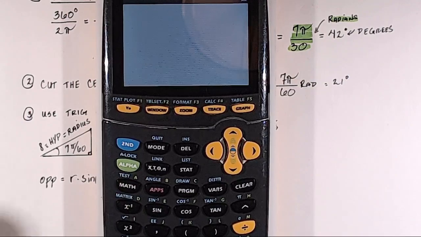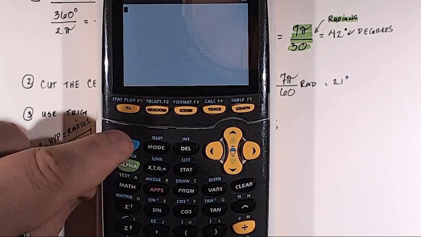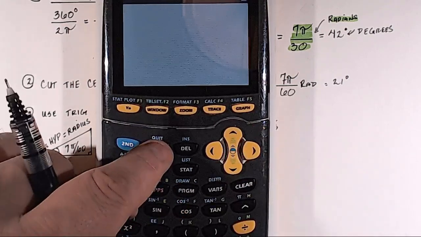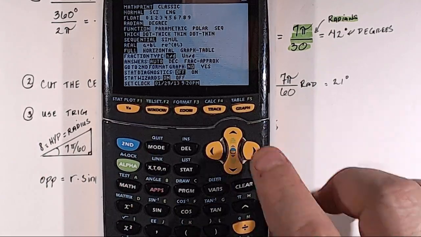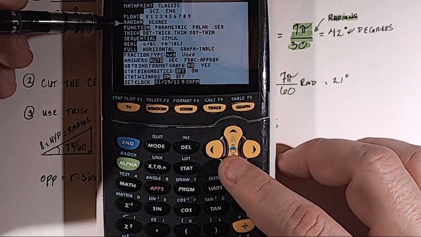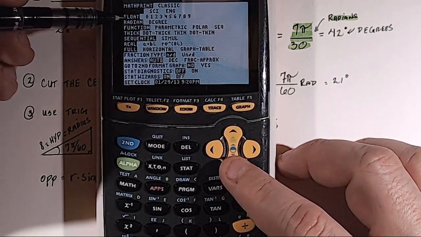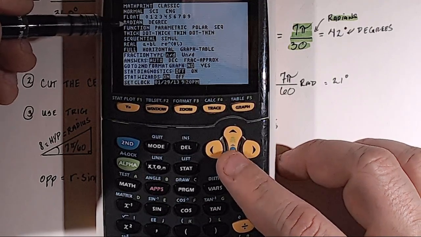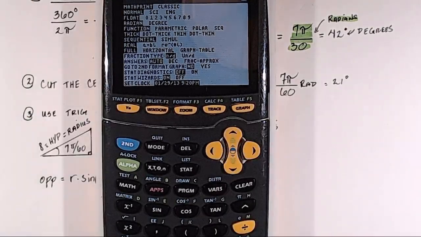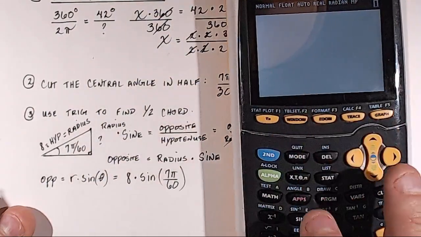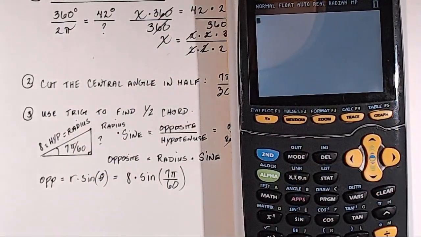Once you clear the memory, which you can do by hitting second plus 7 1 2, you hit mode. Depending on what you're going to plug in to your sine function, you either want to have this thing in radian mode or degree mode. We're going to start with radians, so leave it in radian mode. That's the default selection. Hit second mode to quit, and now we're going to plug in this exact formula.